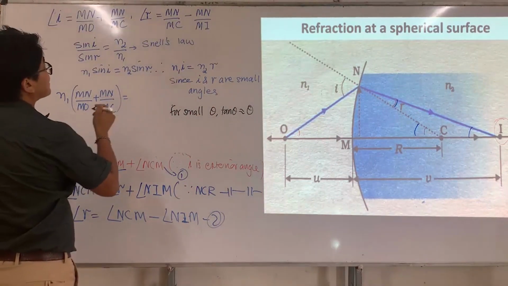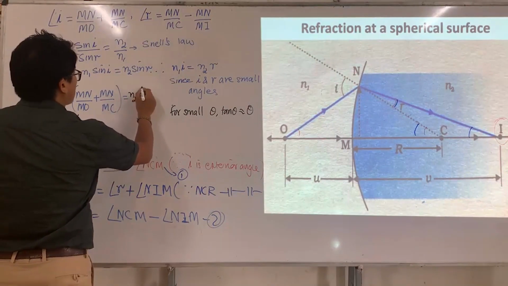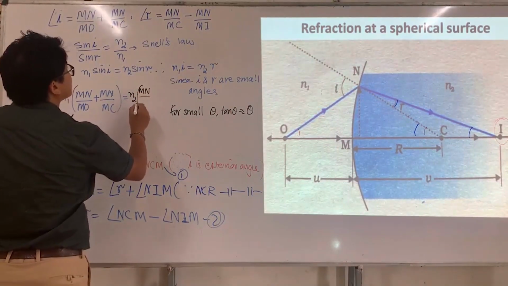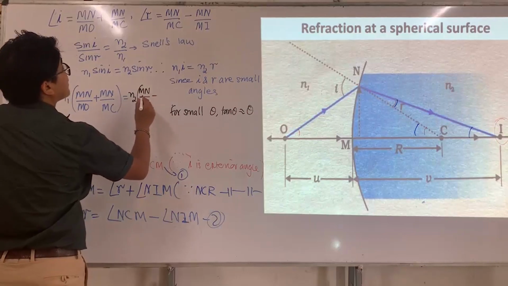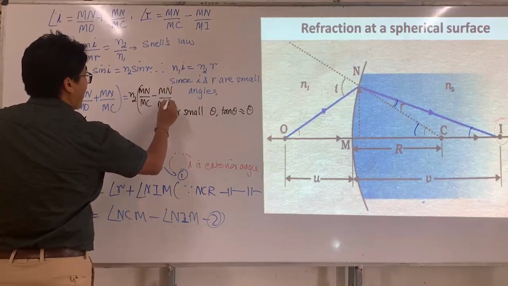R is MN divided by MC minus MN divided by MI.